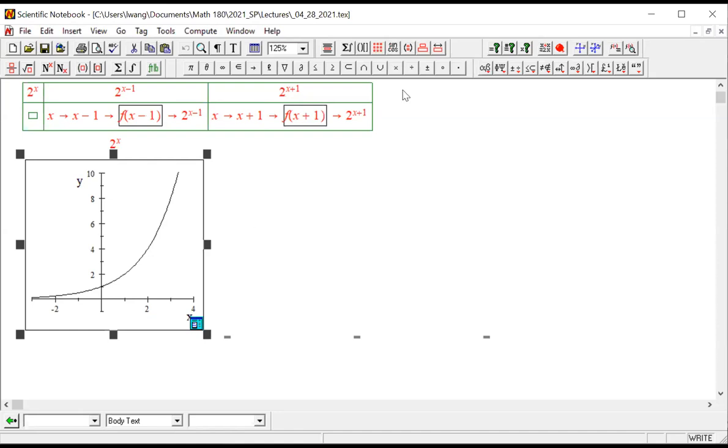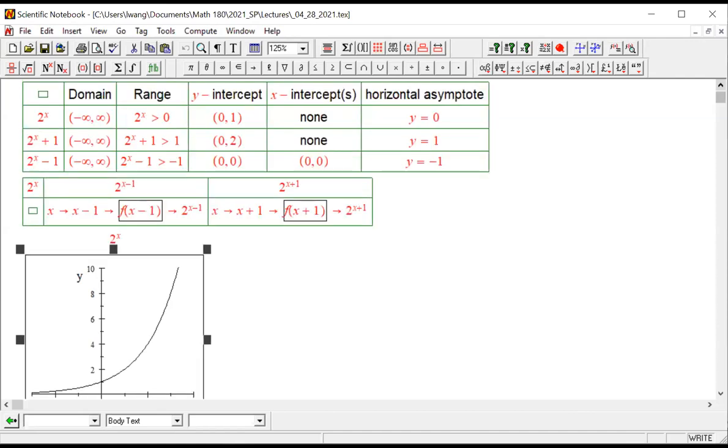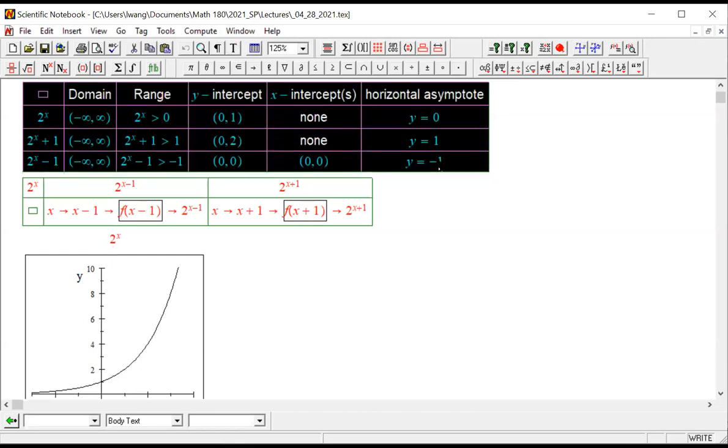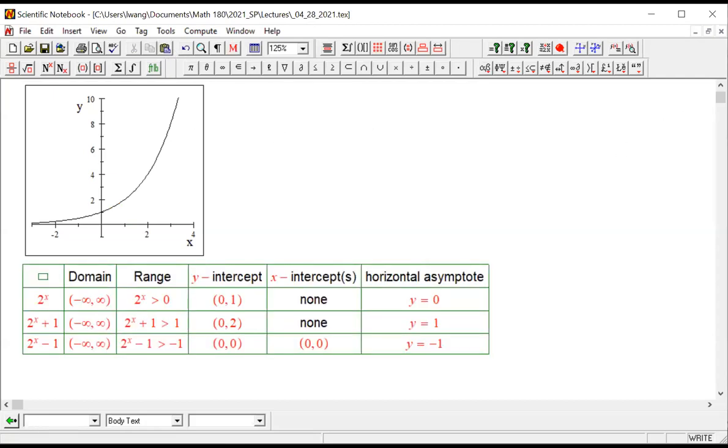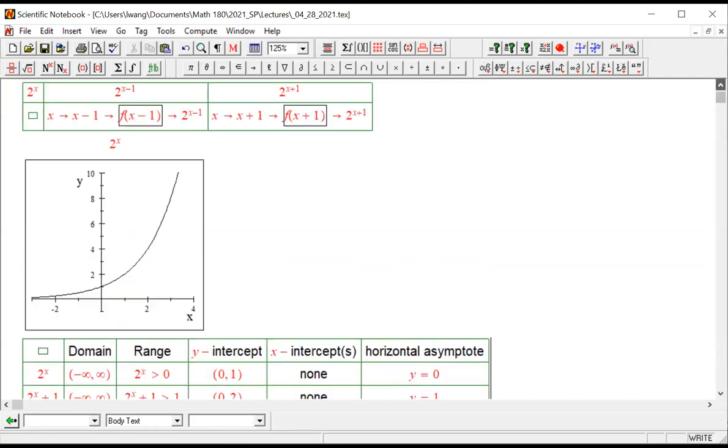Shall we confirm that? Because we're going to be answering similar questions about domain, range, intercepts, asymptotes, etc. So I want you to sketch on your paper.